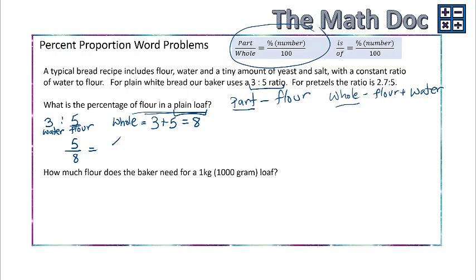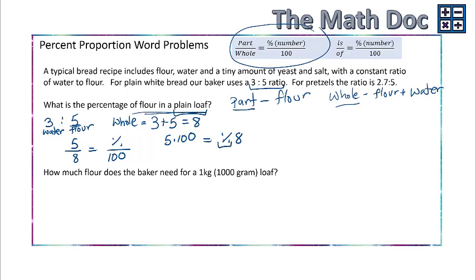That equals the percentage number divided by 100. Now, how do we solve that? Let's cross multiply. We have 5 times 100 equals percentage times 8, where the percentage is really the percentage number.